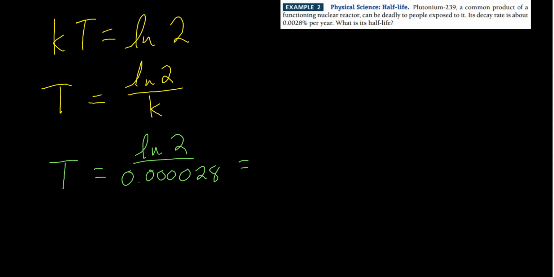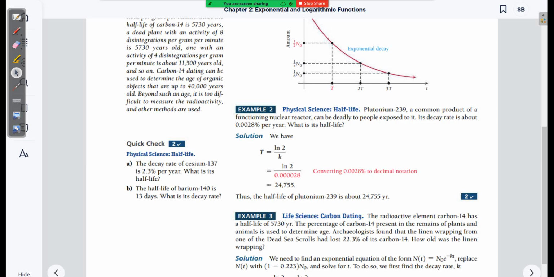Wow. So plutonium has an insane half-life of 24,755 years. That's a lot of years for it to decay half of it. Okay, and that was example 2.